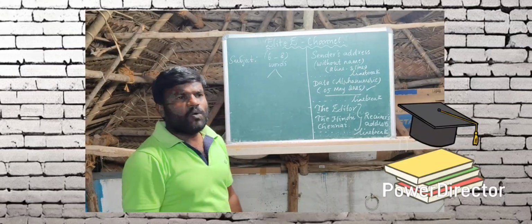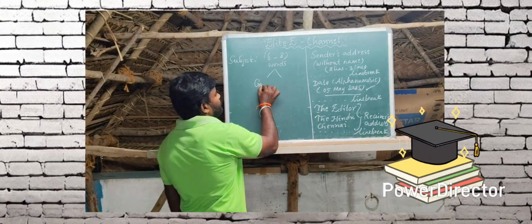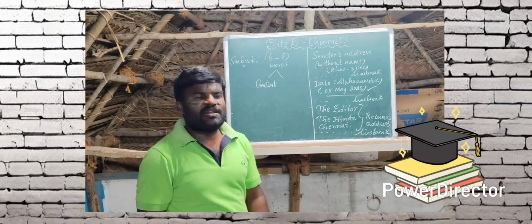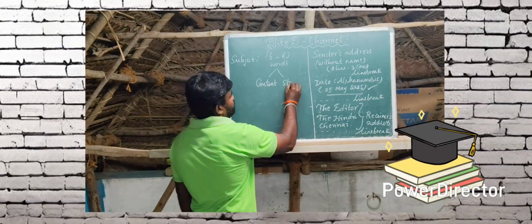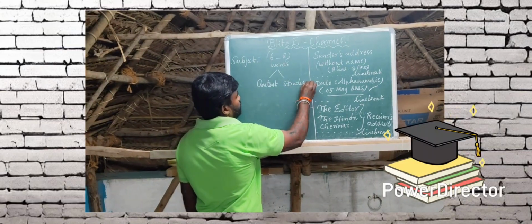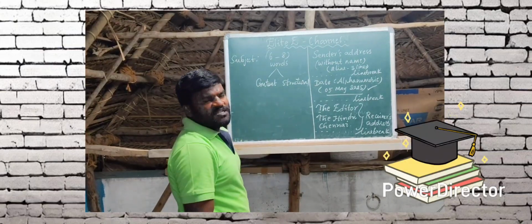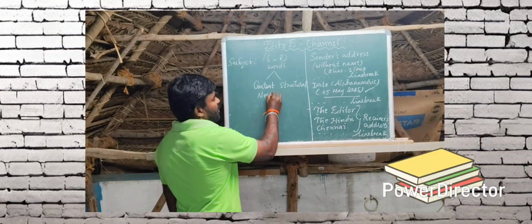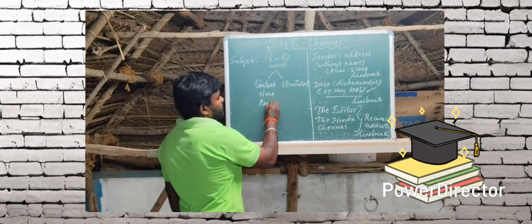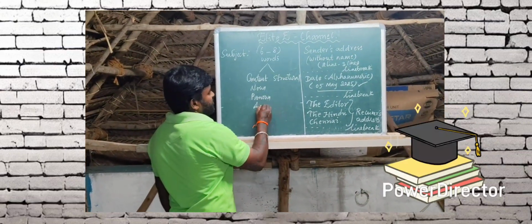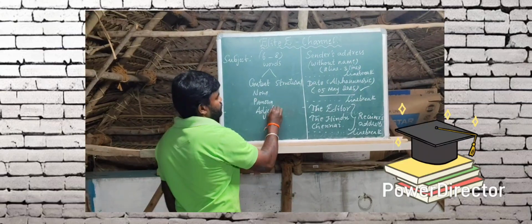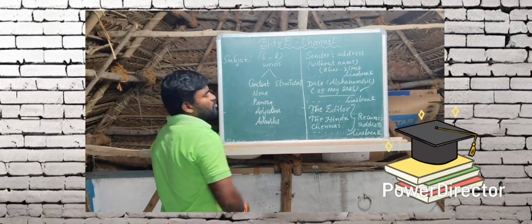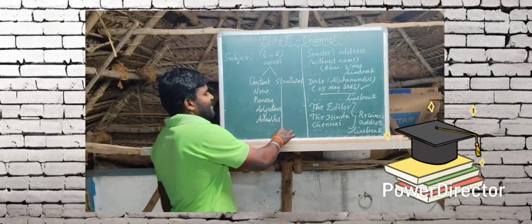The first one is content words, the second one is structural words. What is meant by content words? Content words means all the nouns, pronouns, adjectives and adverbs, which occur in the place of content.